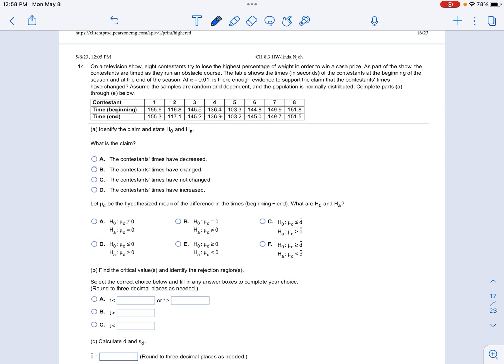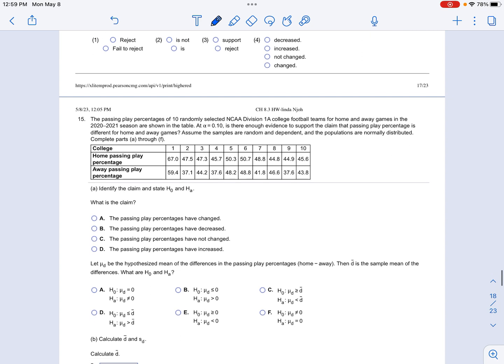Is there enough evidence to support the claim that the contestants' times have changed? It's just have changed. So it's a two-tail test, I believe. If it's just have changed, it should be a two-tail test. So my choice should be right here on B. You can do this on your own.